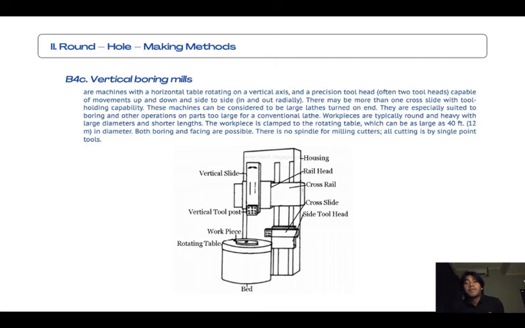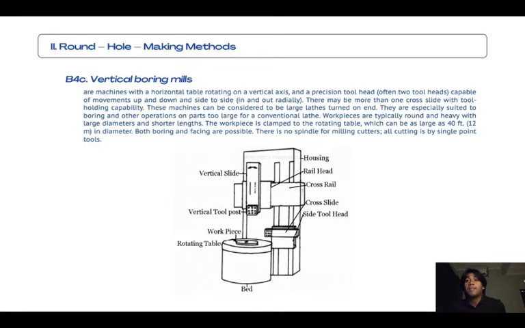So the third subtopic from boring is vertical boring mills, which are machines with a horizontal table rotating on a vertical axis, and a precision tool head, which is often two tool heads, capable of movement up and down and side to side, in and out radially.